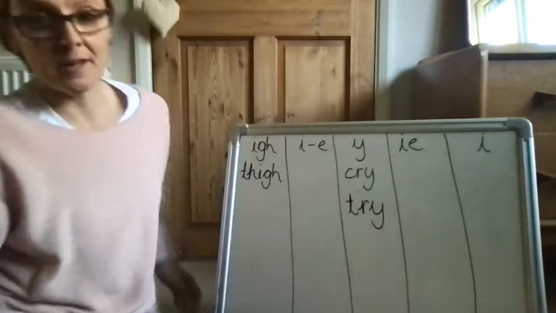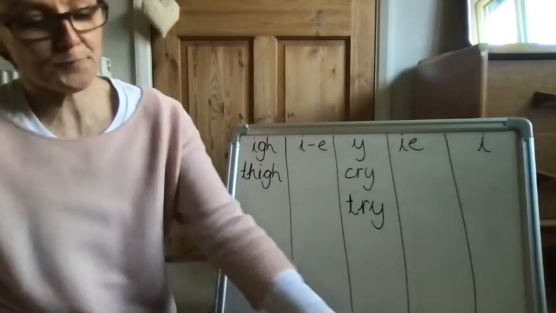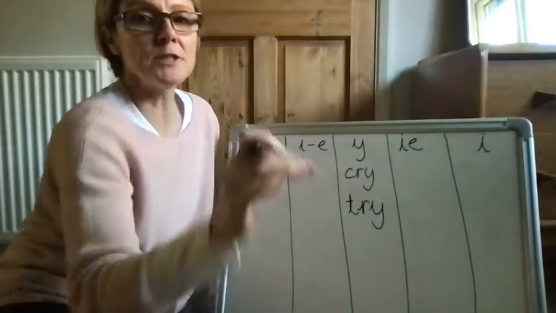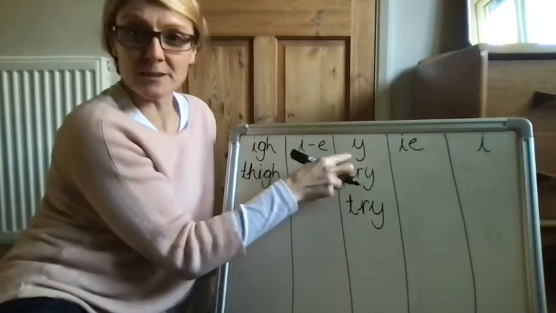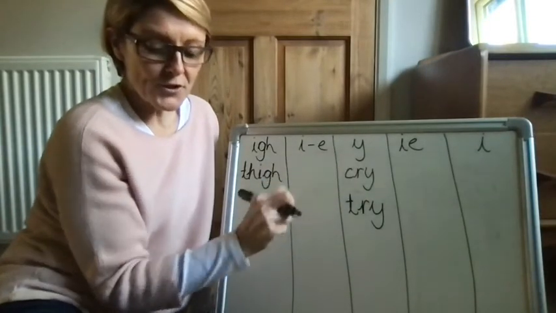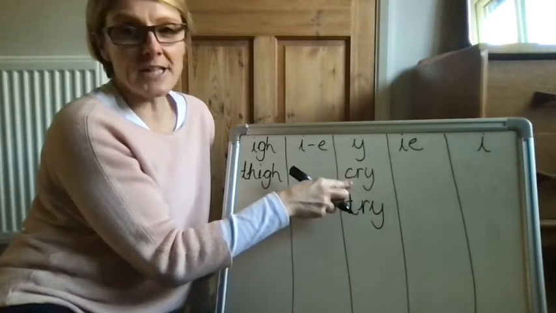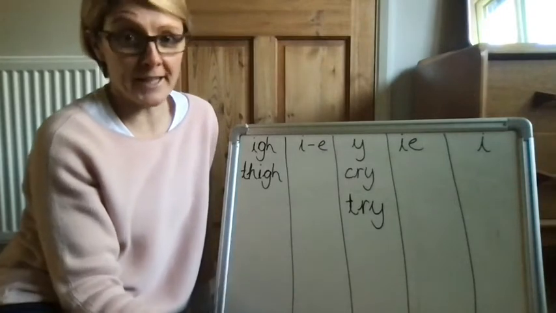Right, I'm going to show you something. This spelling we sometimes use when we're doing the past tense of these words. Okay, so today I had a cry. Yesterday I cried a lot.